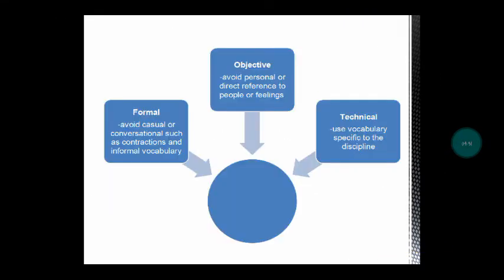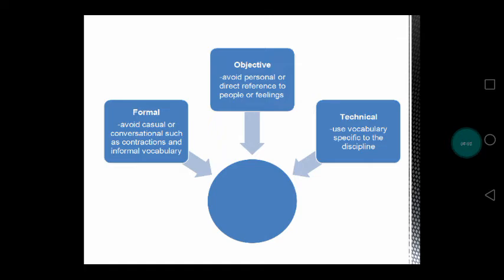Next, this is the diagram. Here in the middle we have the academic language. So let's define. For formal, avoid casual or conversational language such as contractions and informal vocabulary.